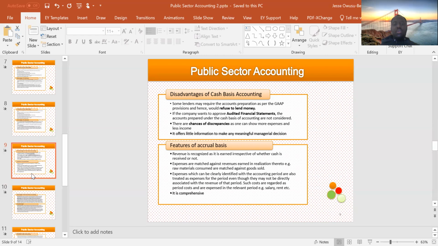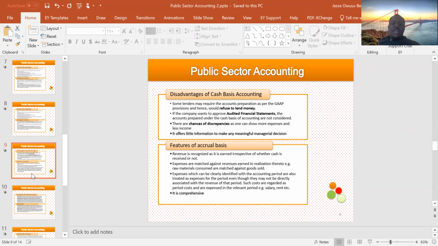So what are the features of the accrual basis? Again, the revenue is recorded as it is earned, irrespective of whether cash is received or not. Revenue is based on earnings, not receipts of cash. That's why in the income statement, we record credit transactions. You can record credit transactions because revenue has been earned, even though cash hasn't been received yet.